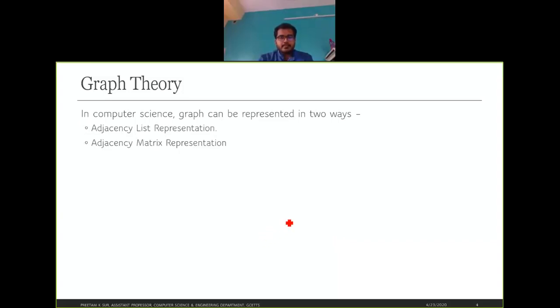We have this adjacency matrix representation. What we will have is an n cross n matrix. For that matrix, G will be a 2D array, G[1 to n, 1 to n], which will represent the adjacency matrix, and n is the number of vertices in that graph.